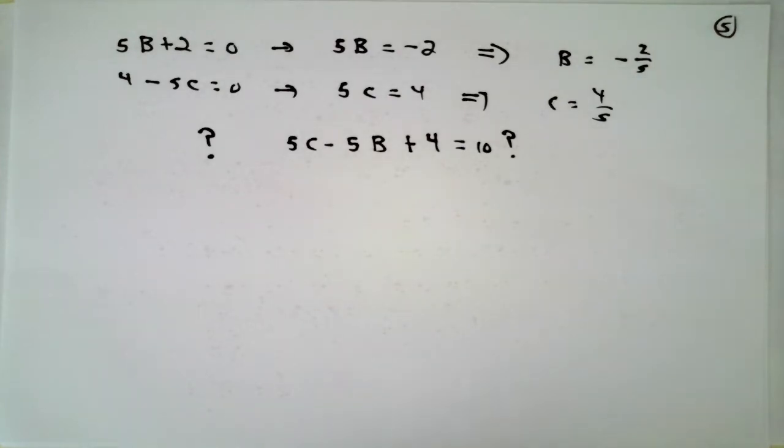The first equation tells me that b has to be negative 2/5. The second equation tells me that c has to be 4/5, but from that, it's not clear at all whether the equation 5c minus 5b plus 4 equals 10 is true or false. If it's false, our attempt has failed.